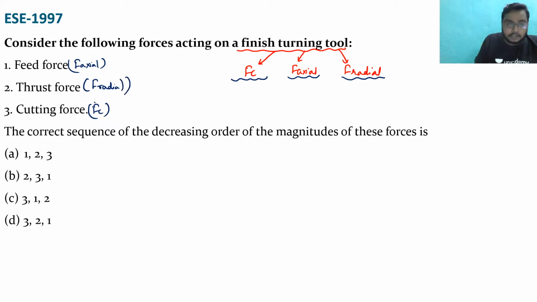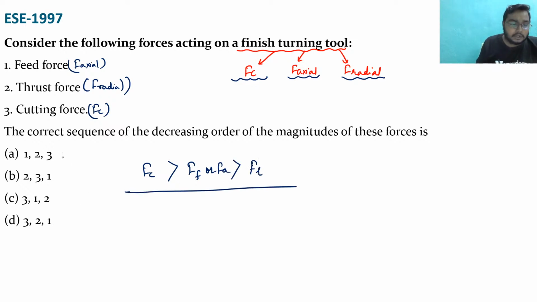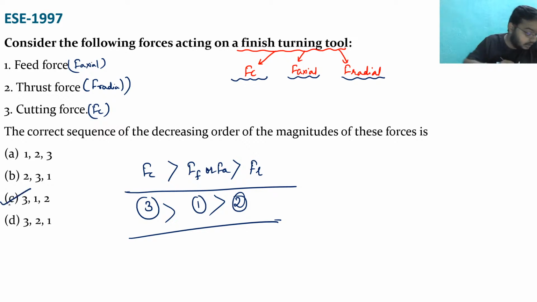In earlier slides I told you that FC is going to be greater than the feed force, or axial force, which is greater than the radial force. This is the sequence. So FC is 3, FF is 1, and FR, the thrust force, is 2. So 3, 1, 2. Option C is your correct answer.